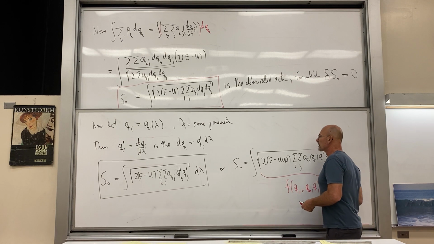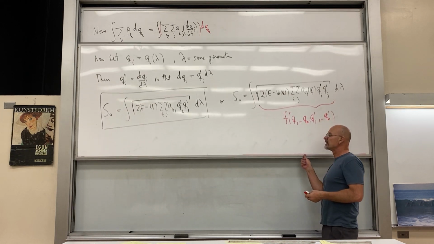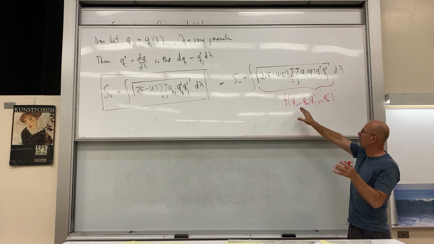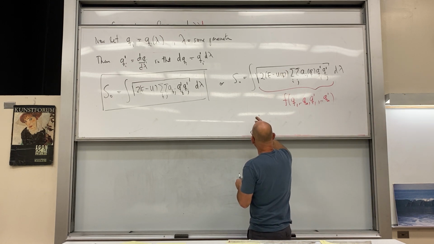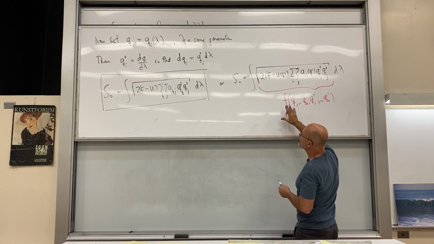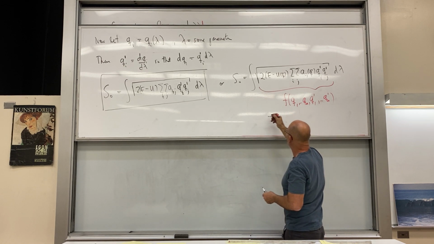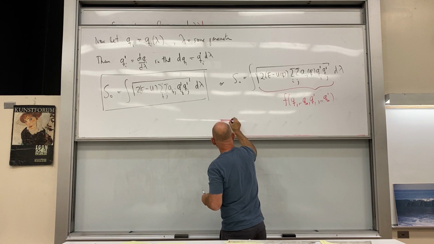Okay, so we're going to finish up with that thought, and next time we'll start fresh and move on. Because we have a variational principle, we have the Euler-Lagrange equation for the thing.